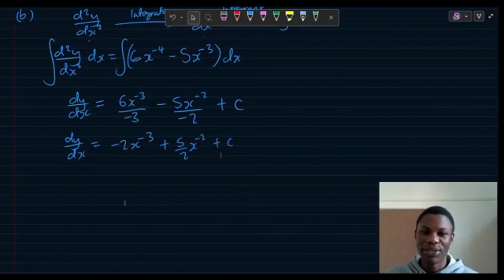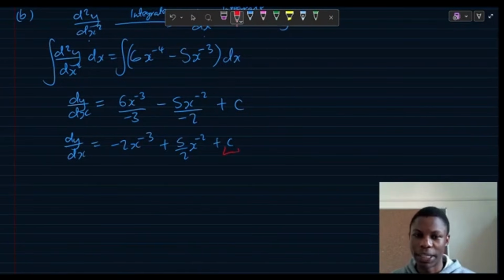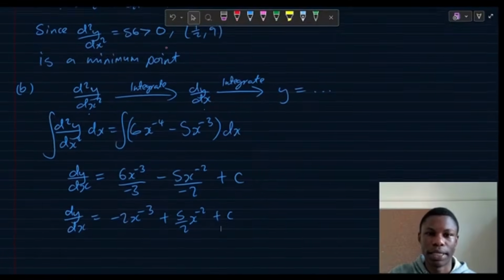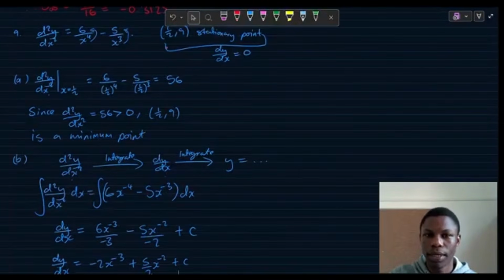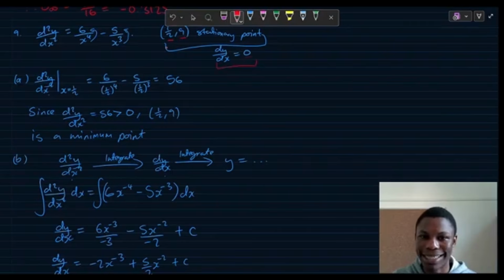We're going to need to integrate for a second time. But before we integrate, we actually need to find what our constant here is, right? And so that's where that whole stationary point comes into effect. So we know that when x is 1 over 2 and y is 9, dy dx is 0.